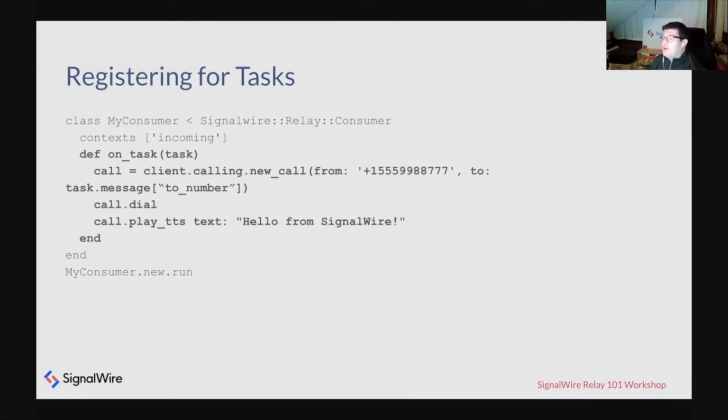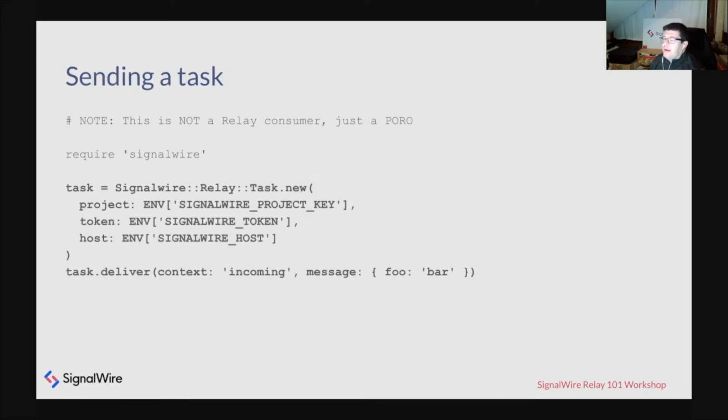But how do we send a task to the SignalWire services? As I put in the slide, this is not a relay consumer. It's really nothing to do with relay. The SignalWire relay library includes a task class that you can spin up by using new.